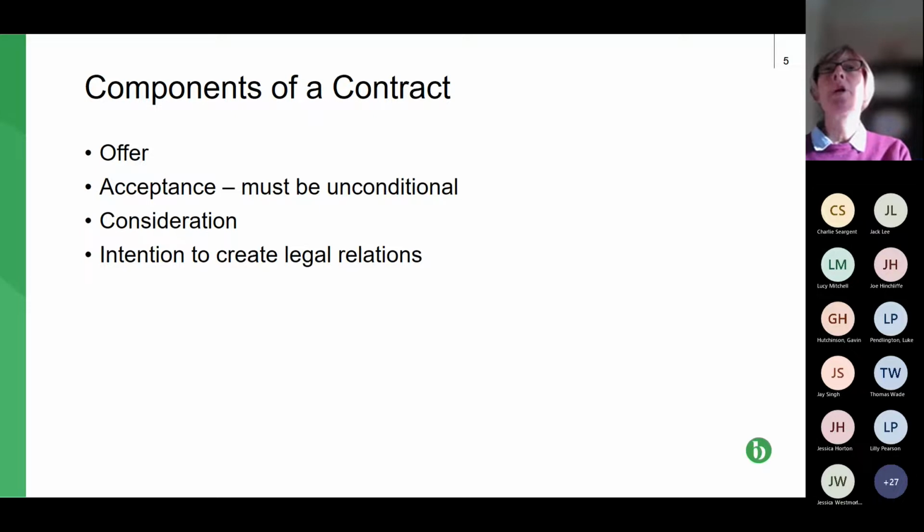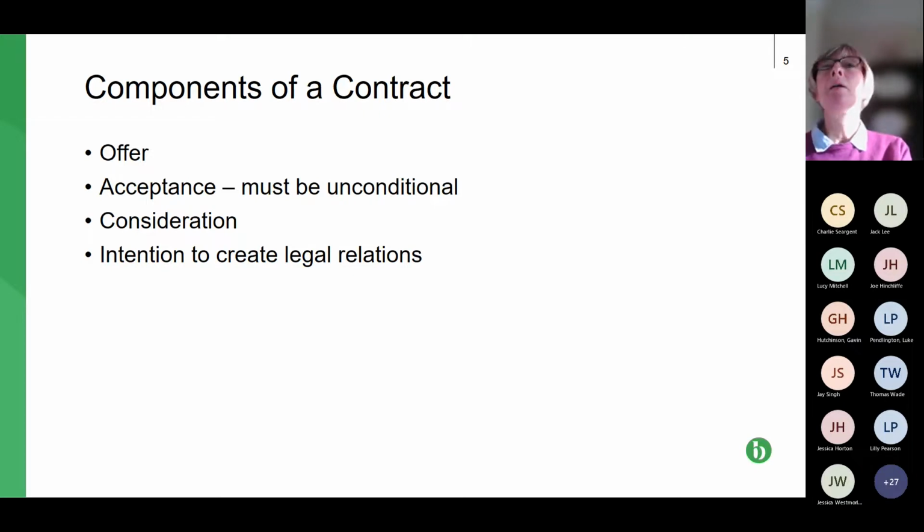So in terms of a contract, the first thing we need is an agreement. So they're the first two bullet points: we need an offer and an acceptance. The offer might be, I'll do X work for a certain price over a certain time scale. The acceptance must be a, yes, that's great, I agree.